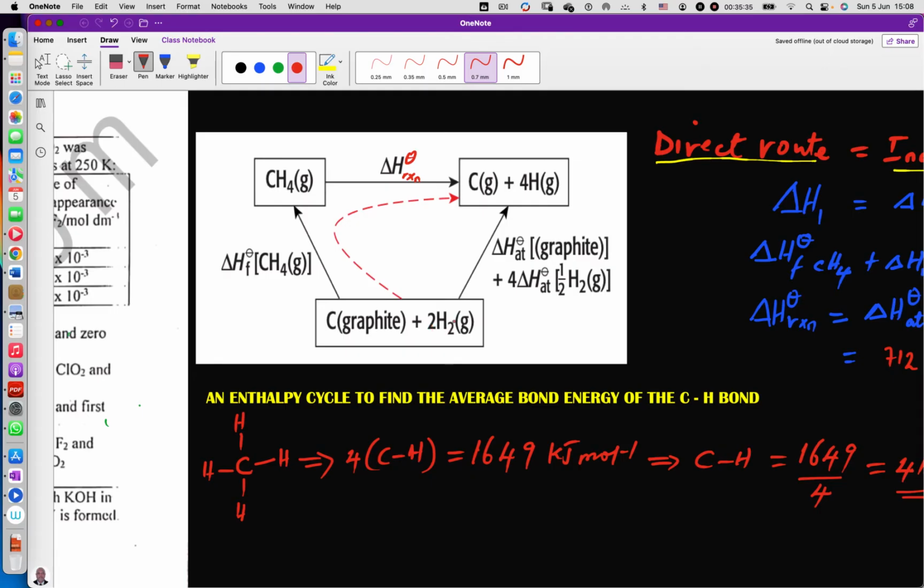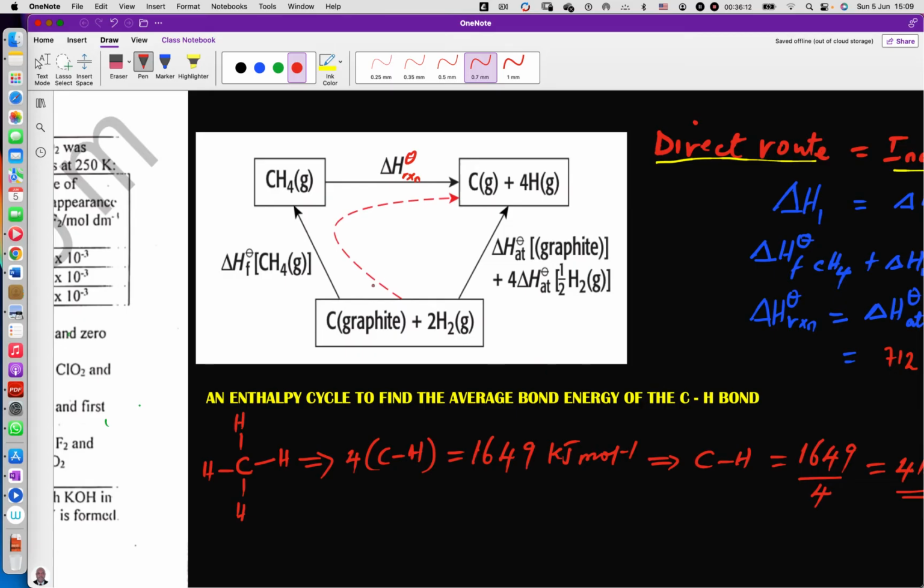The direct route is the one going from the elements directly to the gaseous atoms. That route will involve the enthalpy of atomization of graphite and the enthalpy of atomization of hydrogen. Then the indirect route goes through the enthalpy of formation of methane, then the enthalpy of the reaction, and that is why it is indicated by the dotted line.